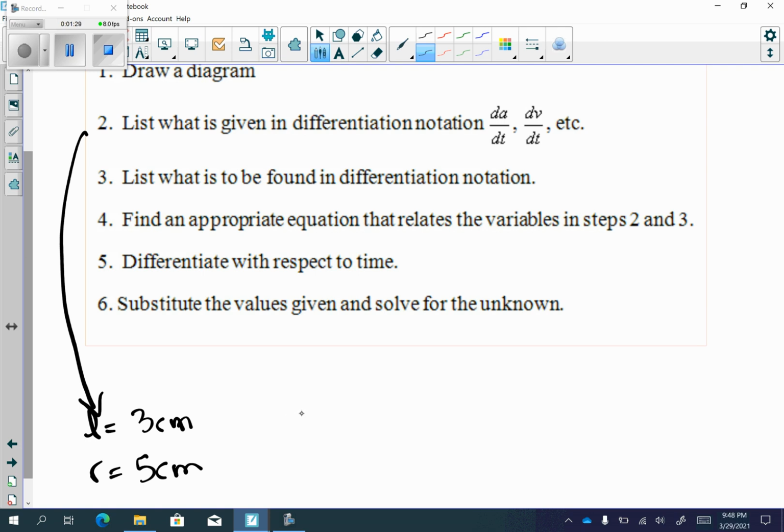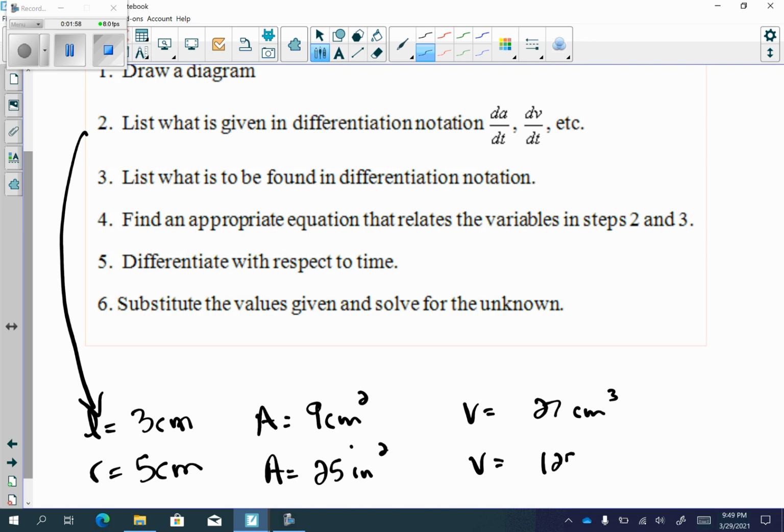If it's square units, like 9 centimeters squared, or let's say 25 inches squared, well, that would be an area. And if it's units cubed, like 27 cubic centimeters, that would be volume, or let's say 125 inches cubed. I'll change this to inches just so you can follow.